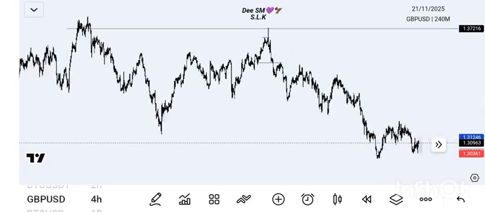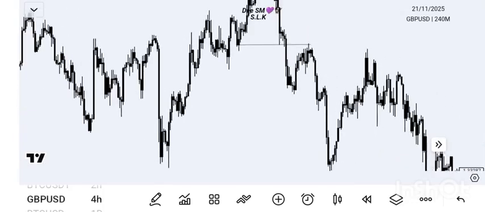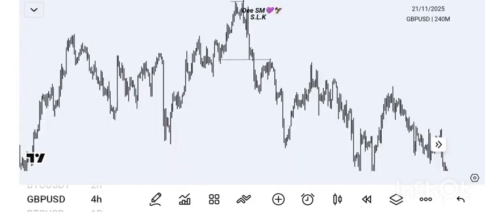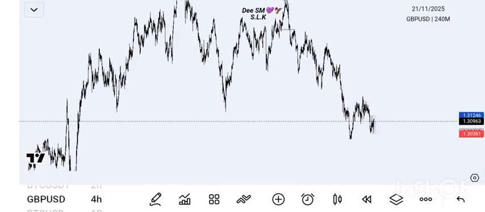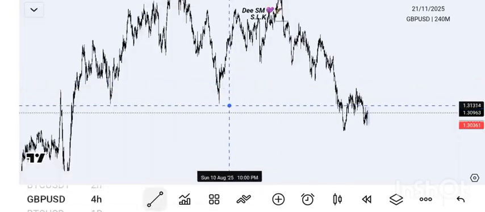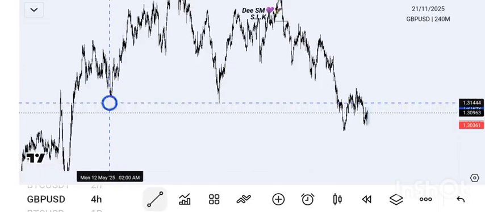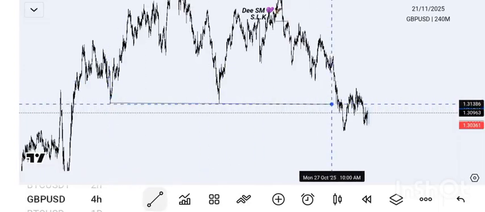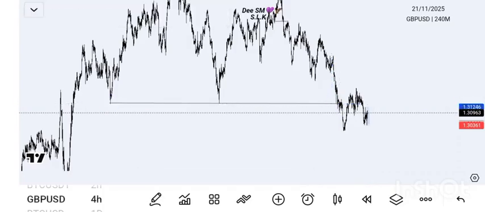Price melted. I'm not talking about entries. Price melted. Alright, so this was my target, as at then, this previous low, this particular one.